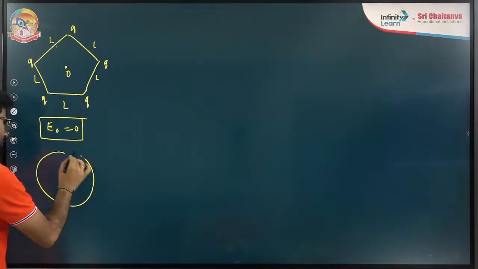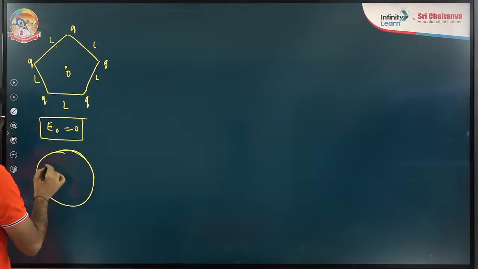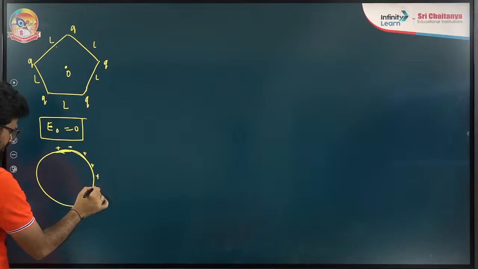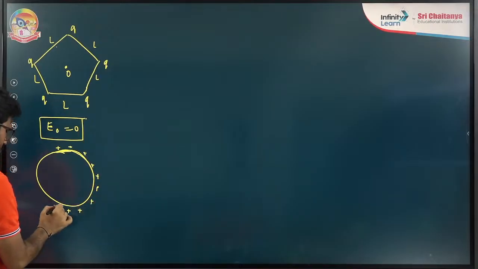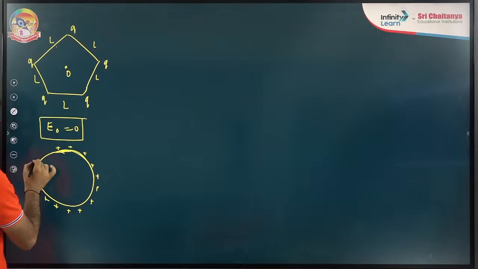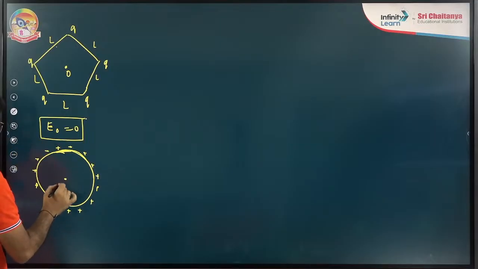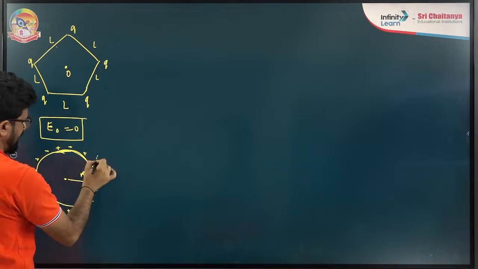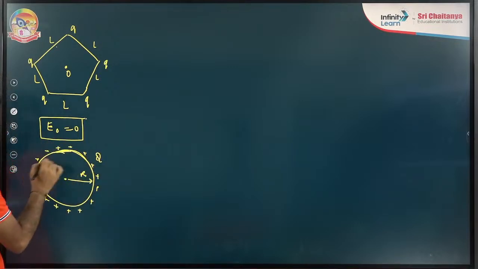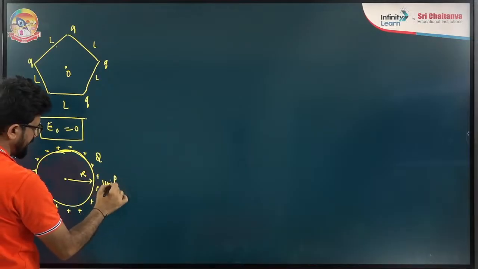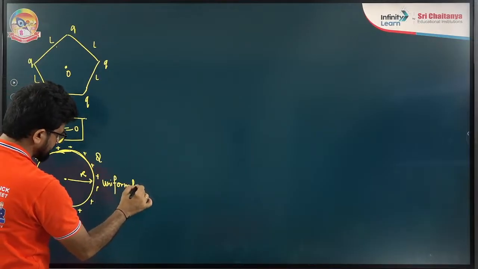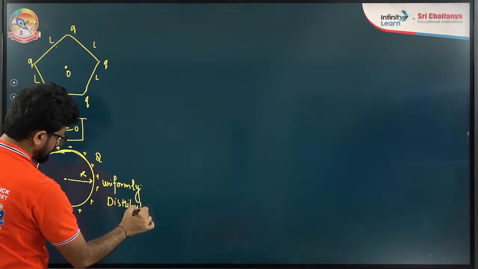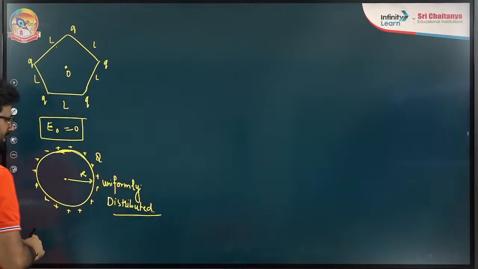Even if it's a circle also. Suppose this is a circle, and on the circle, circle means ring, you can take it. At the ring, if I ask you the field at the center, if this radius is r, total charge is q, uniformly distributed, what is the field at the center?